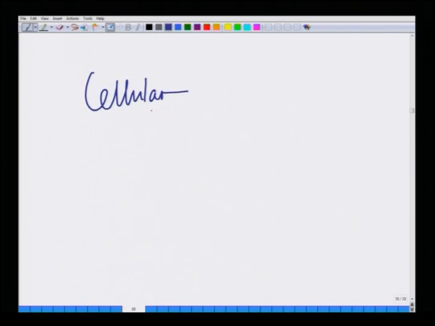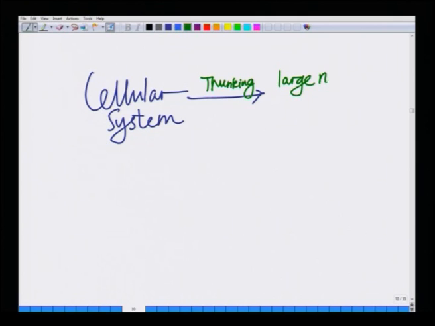In a cellular system, if you use trunking, essentially a large number of users can use very few frequency bands or very few channels.